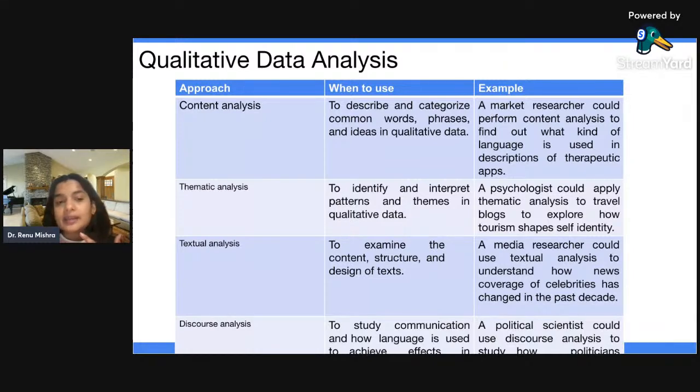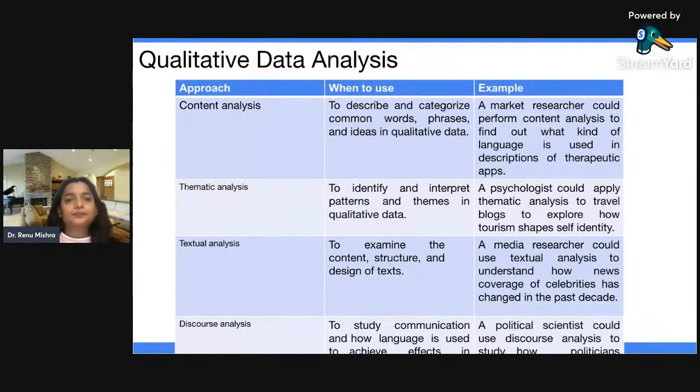Discourse analysis is basically how you have used language and how you have achieved different effects of it. Very commonly used are content and thematic analysis, also narrative analysis, when you are just narrating their experiences.